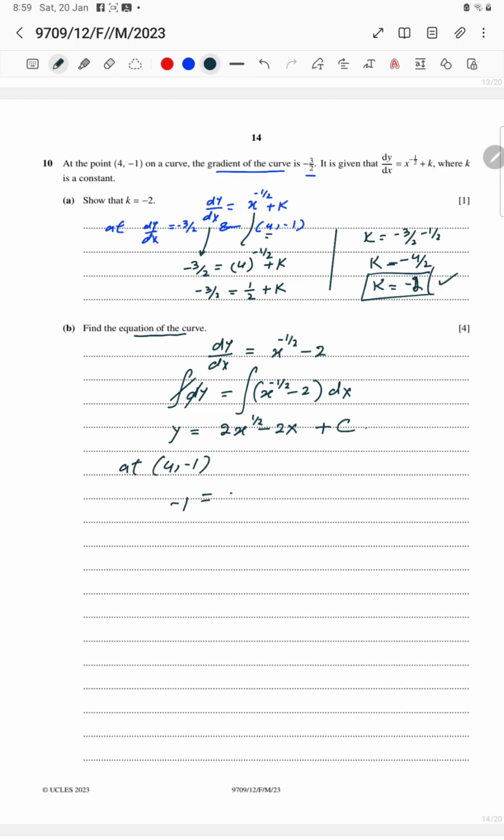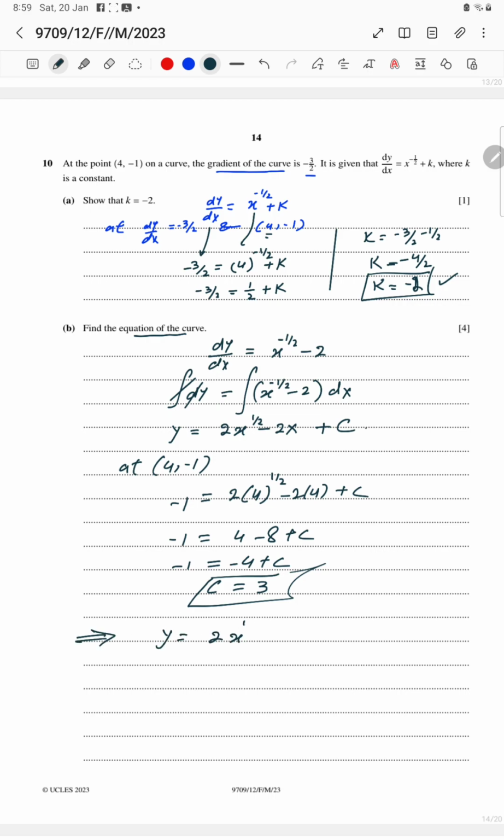So -1 = 2 times 4^(1/2) - 2 times 4 + c. -1 = 4 - 8 + c. -1 = -4 + c. c equals 3. So the final equation of the curve, this is a 4 marks question, becomes this. I hope this is clear.